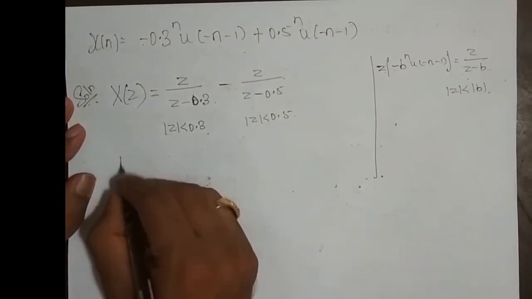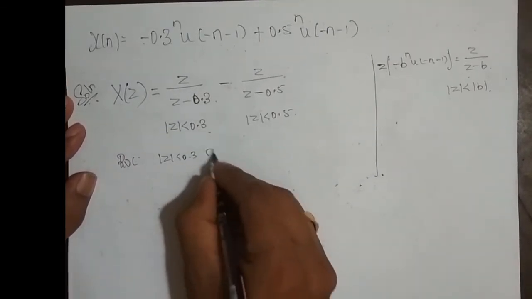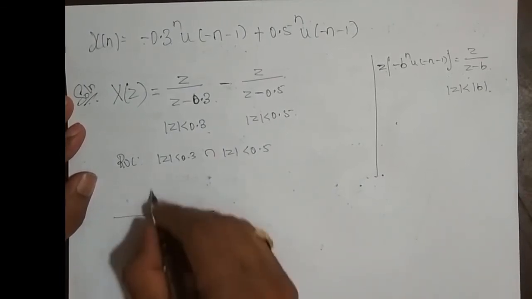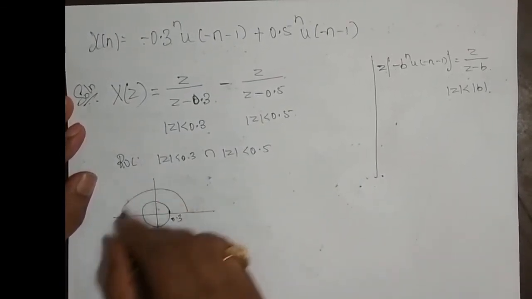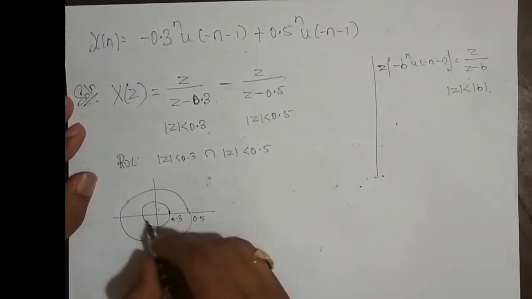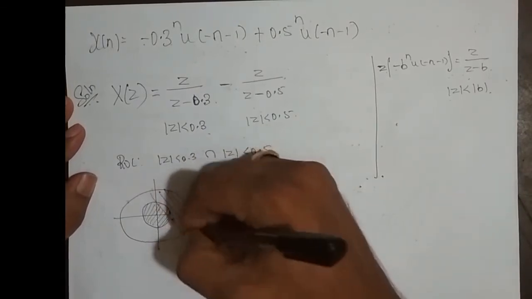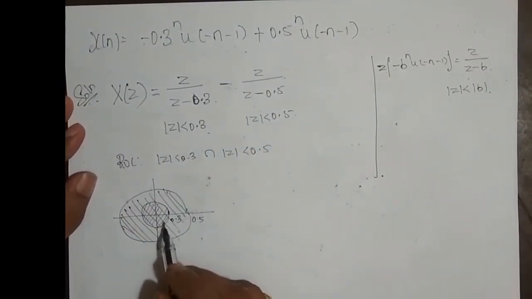Fine. So what is the combined ROC now? The combined ROC is magnitude of z less than 0.3 intersection with magnitude of z less than 0.5, right? That is inside the innermost circle. So the innermost circle is 0.3, the outermost circle is 0.5. So 0.3 is inside, so 0.5 is also inside. And the intersection region is actually less than 0.3, right?